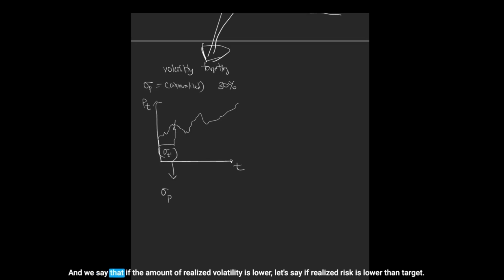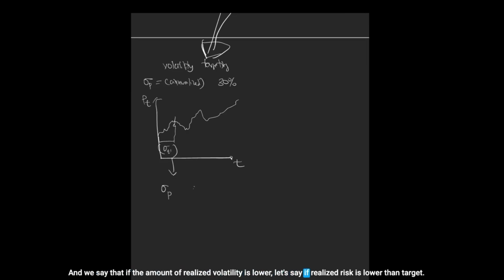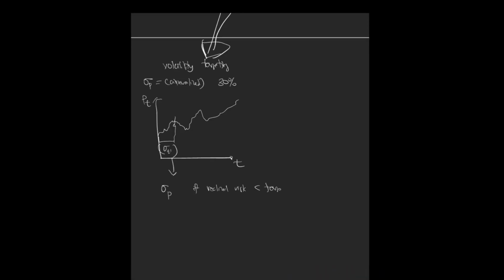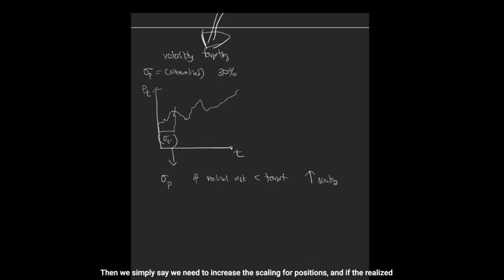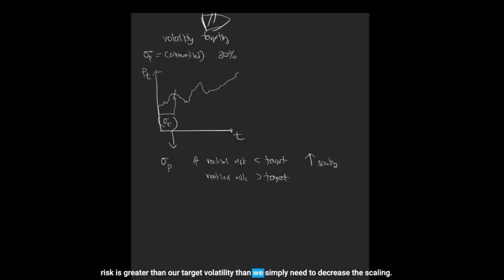And we say that if realized risk is lower than target, then we simply say we need to increase the scaling for our positions. And if the realized risk is greater than our target volatility, then we simply need to decrease the scaling.